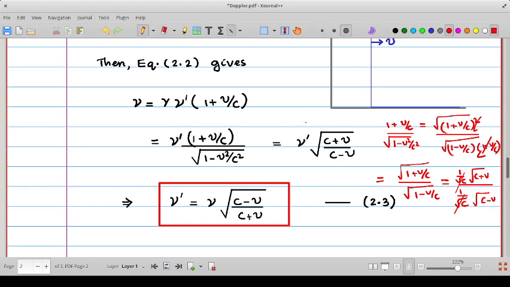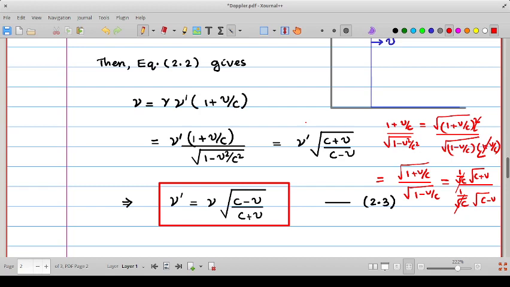So the observer is moving along the x-axis with respect to the source with a velocity v. Then the frequency nu, which is the frequency in the frame S, or in other words, the frequency when the light is emitted by the source in its frame of reference, in which the source is at rest, is given by nu, and nu dash is the frequency measured by the observer in the frame S dash.